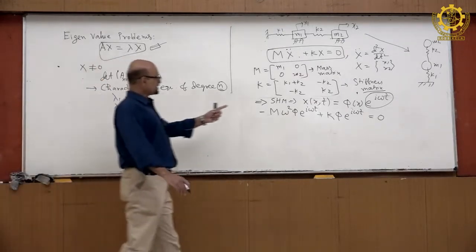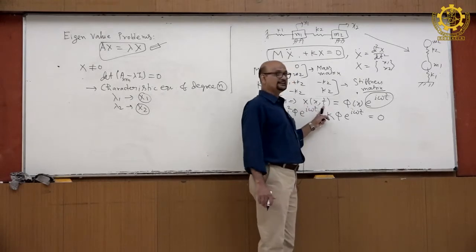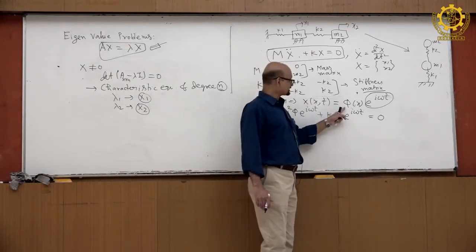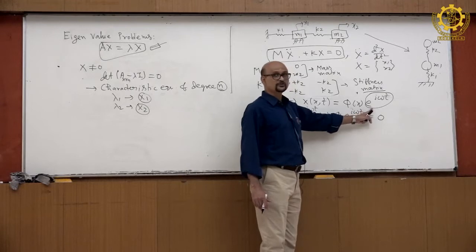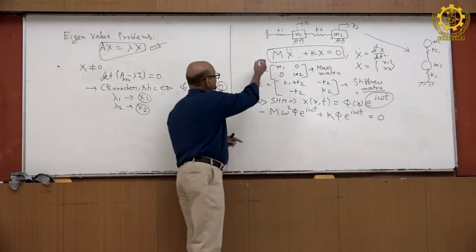So, if I substitute this x, which is a function of small x and t, that is displacement and time, like this phi x e to the power i omega t, I will substitute this here, I will get this equation.